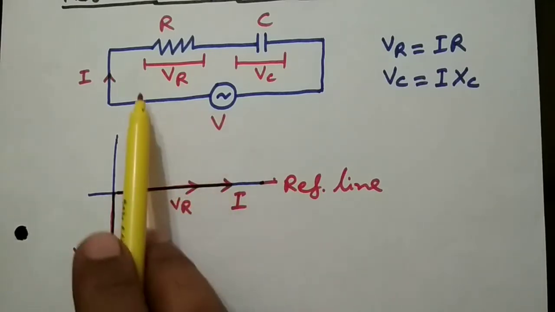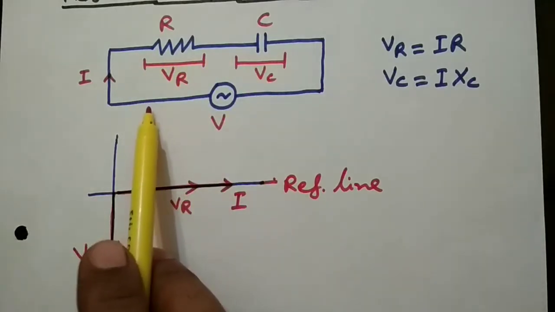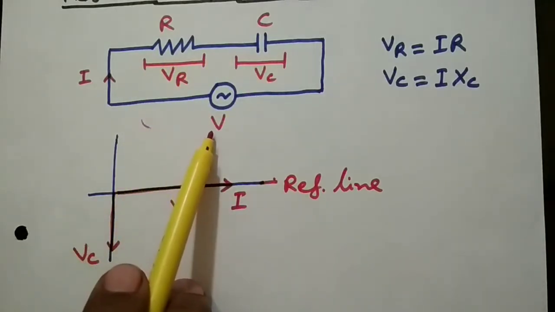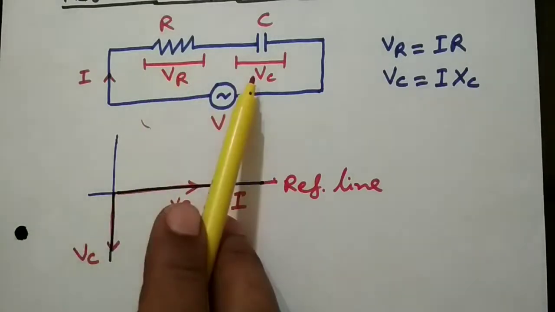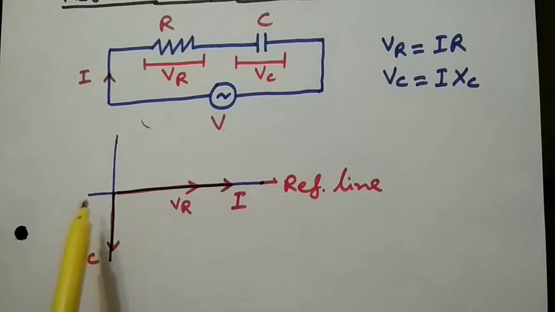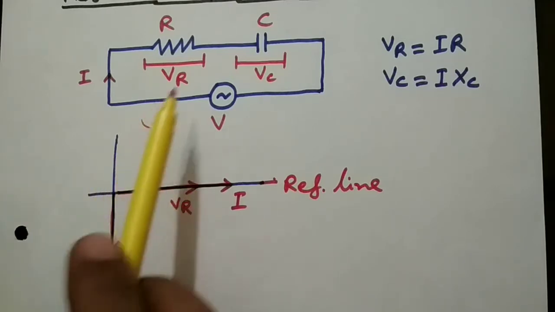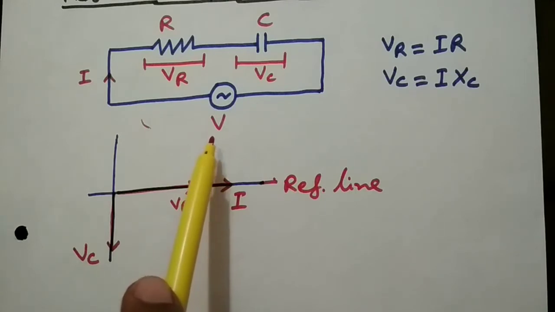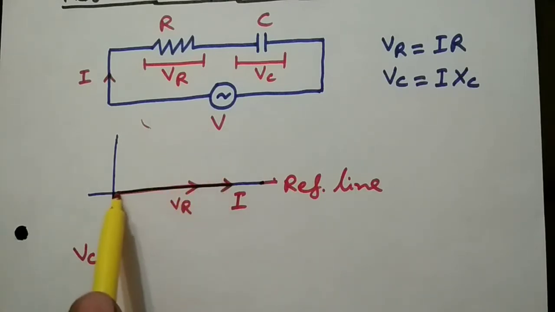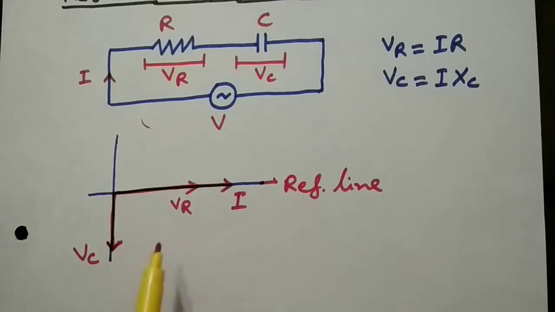If we apply KVL in this loop, where V is the supply voltage, and VR and VC are the voltage drops across the elements, then according to Kirchhoff's voltage law, the sum of all the voltage drops should be equal to the voltage source. Therefore, VR plus VC will give us the total voltage. But here we cannot add VR and VC directly.